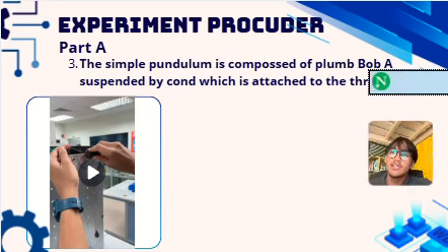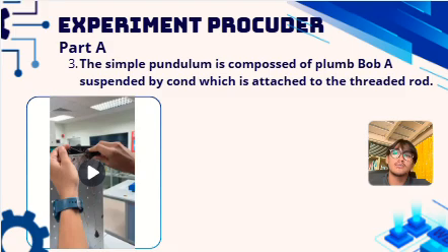Moving on, the simple pendulum is composed of plumb bob A suspended by a cone which is attached to the threaded rod. Before you tighten the rod of the plumb bob, you have to first measure the length of the rod by using a ruler.